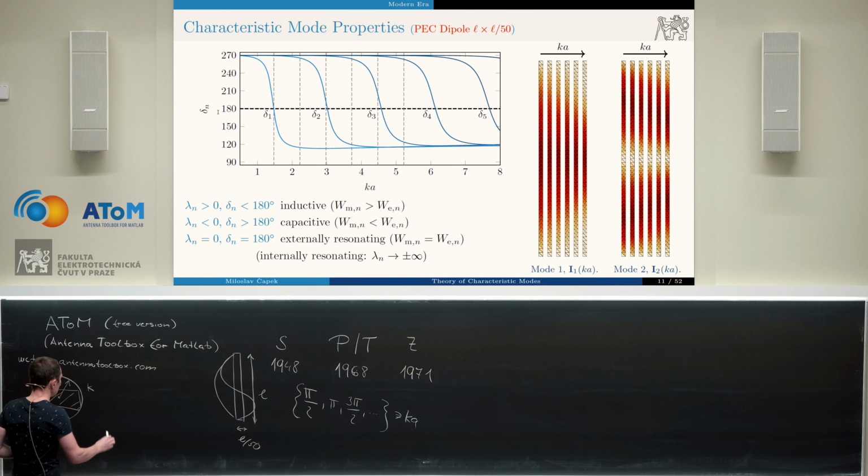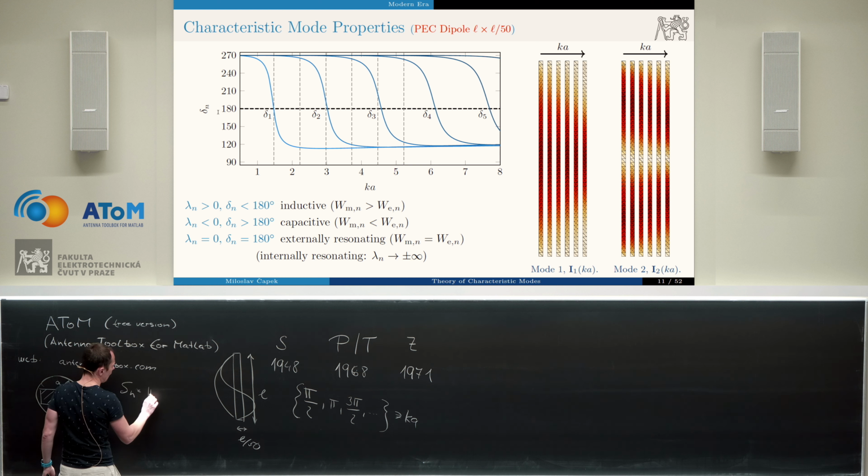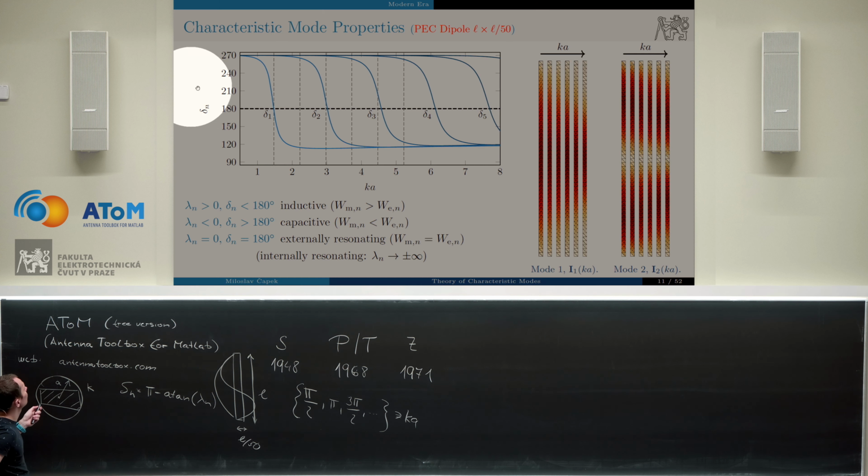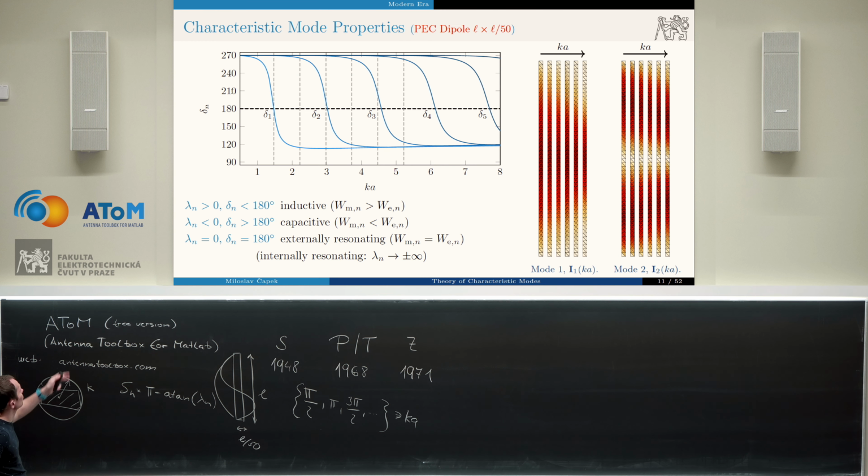And it's done like this. So the eigenangle delta n is pi minus arcus tangens of your eigenvalue. So this is in radians, but I'm showing everything here in degrees, so just recalculate radians to degrees. But then what you get is a very compact representation.